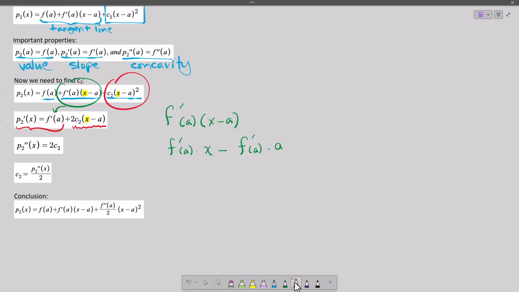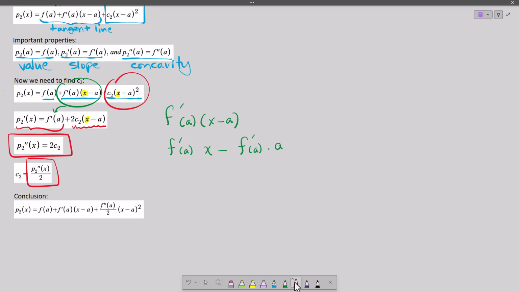This constant gets distributed to the constant. The derivative of that constant is 0. The derivative of 2c2 times x is 2c2. So we end up with this right here. And we are saying that the second derivative of the approximation must match the second derivative of the function. So if we divide both sides by 2, we get this.